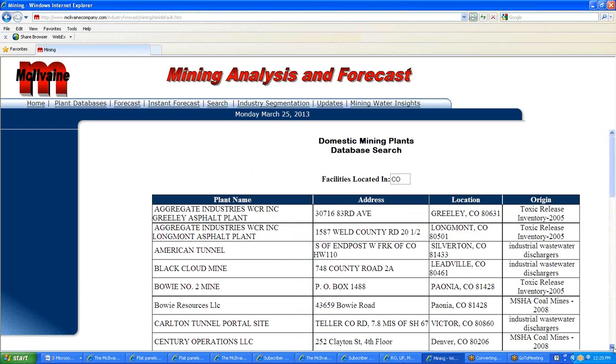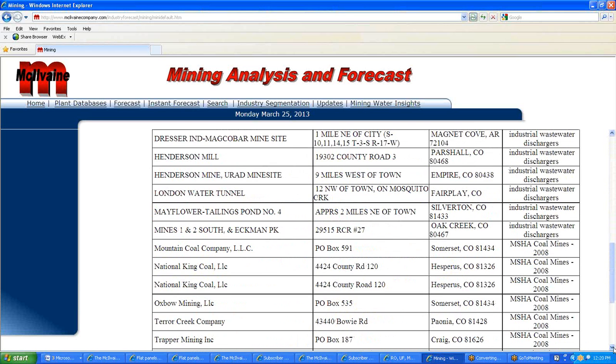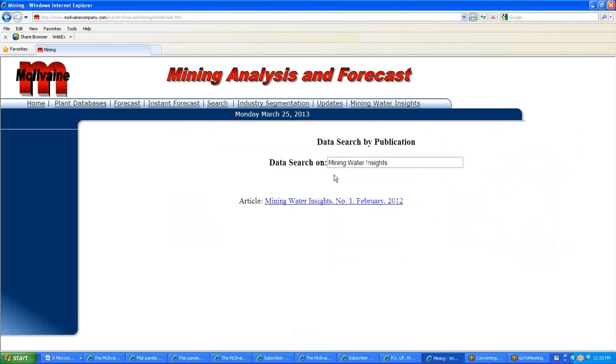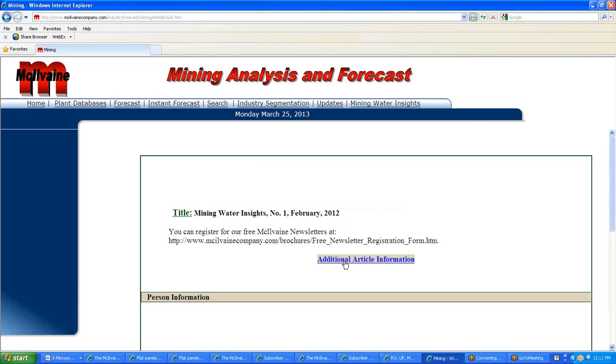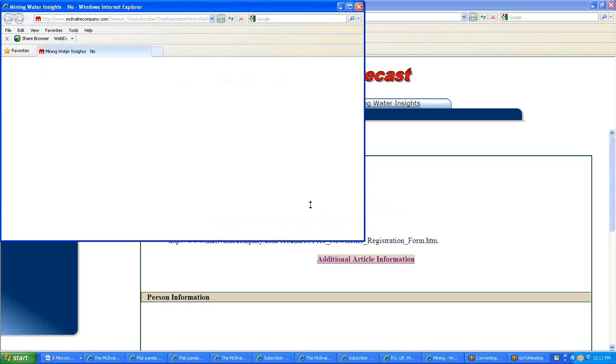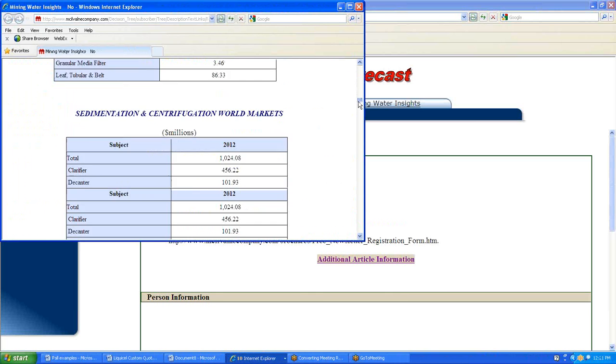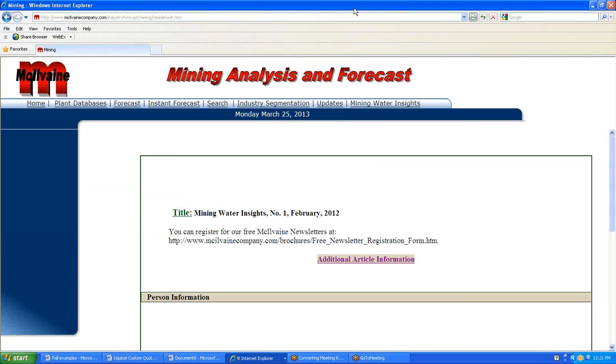And you look at Colorado, and it would list all the different mining applications in Colorado. So that's another feature of the report. And all this has to do just with mining. And then we have Mining Water Insights, which goes out to the industry, and that is all included in the report as well.